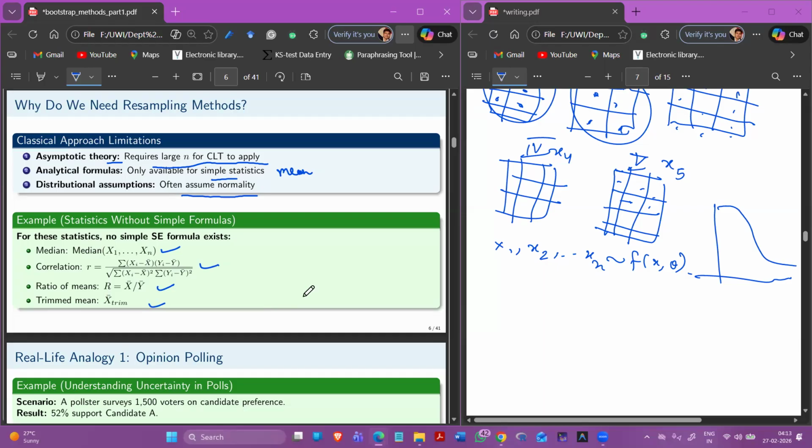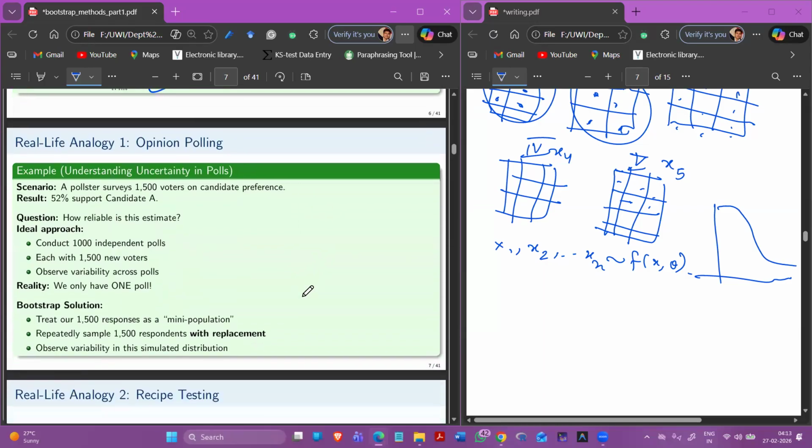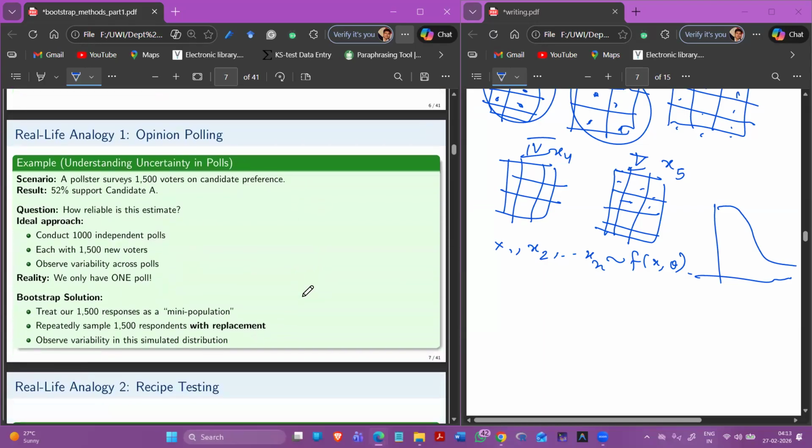Okay, so here I just took an example. Suppose the scenario is this, related to the bulb or curry example that I gave you.